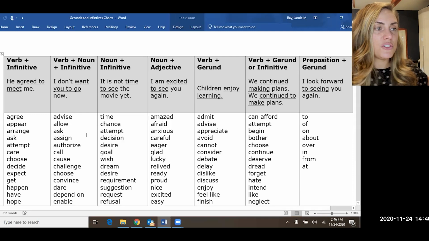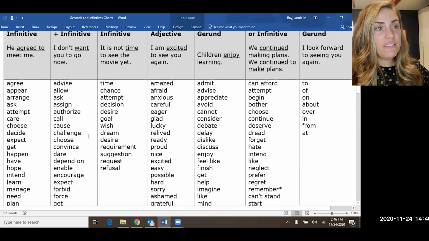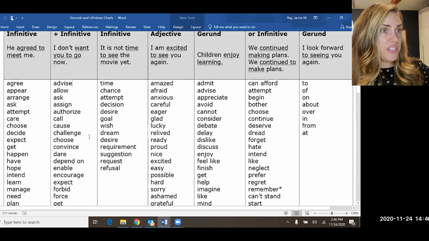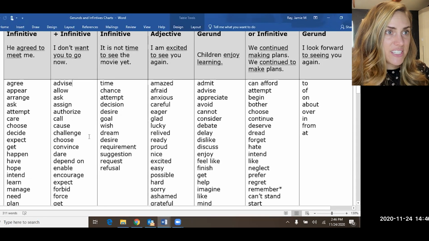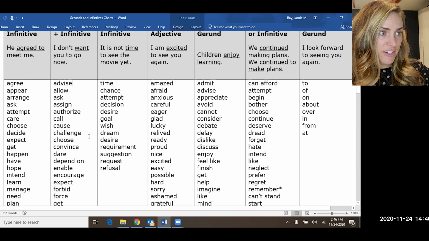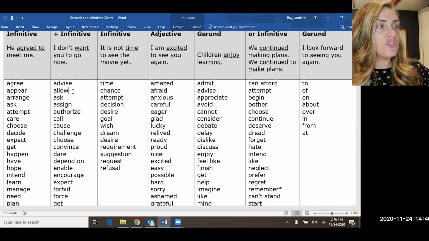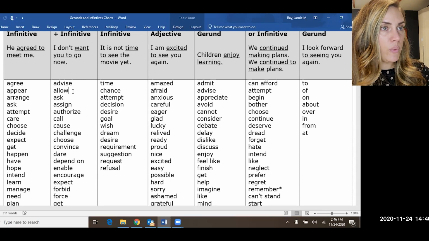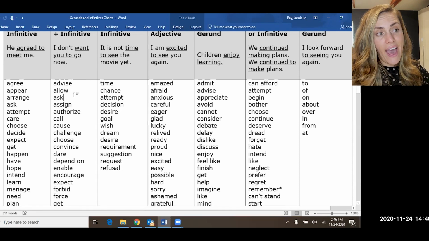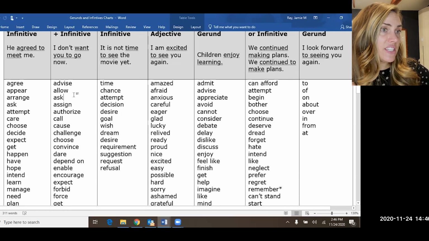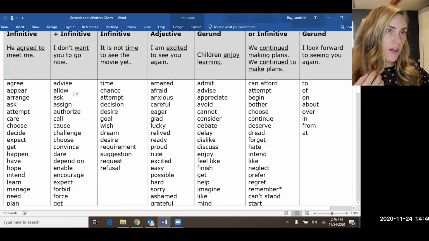So let me give you some more examples. I advise all my students to read. That's a good way to learn gerunds and infinitives. The police officer allowed the driver to go away without a ticket. Ask. I need to ask you to help me.